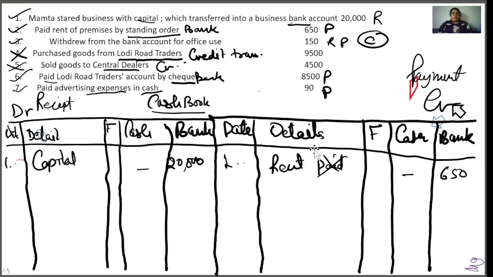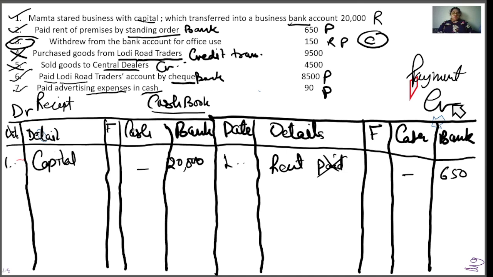Next is 3. We are going to do it later because for the contra entry I will give you a detailed explanation. Leave it right now. I will leave one line for that transaction. Next is the fifth, because fourth and fifth are credit transactions, no need to record. Sixth is paid Lodi. Paid means payment side.